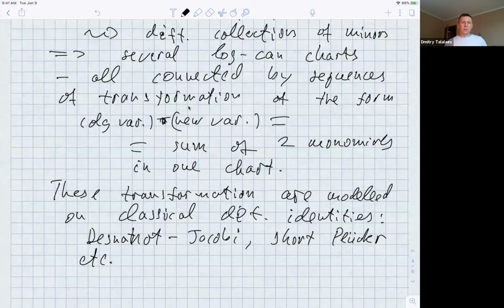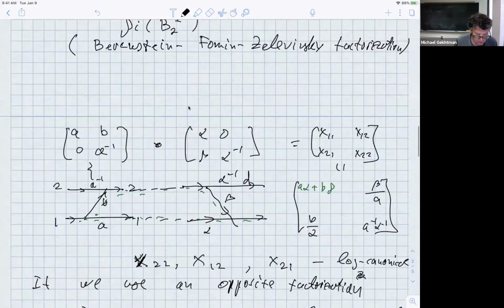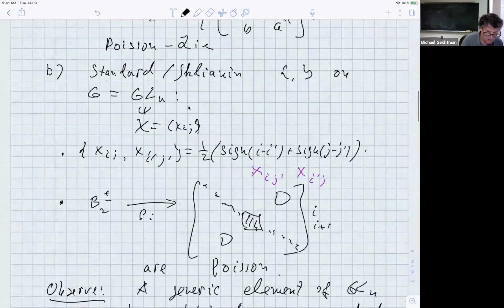Yes, Misha, I'd like to make precise a principal point. So you ask that the Poisson bracket on the group be log canonical. Well, the Poisson bracket on the group is not necessarily log canonical in natural coordinates. So let me go back to this formula, this one.